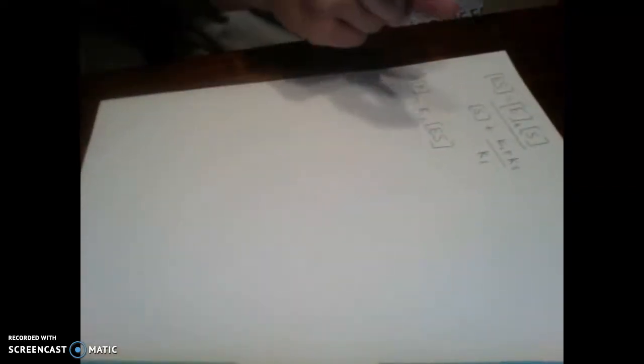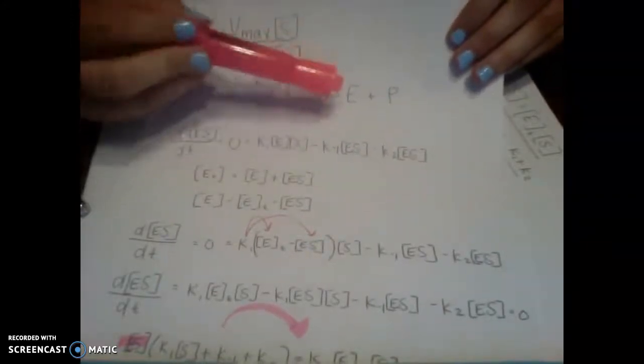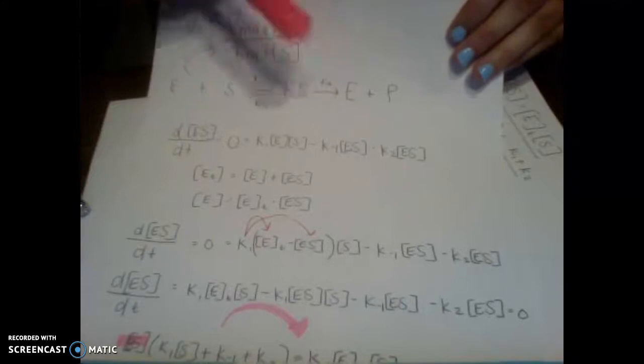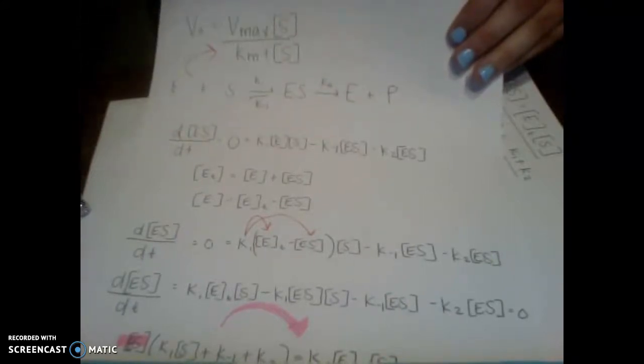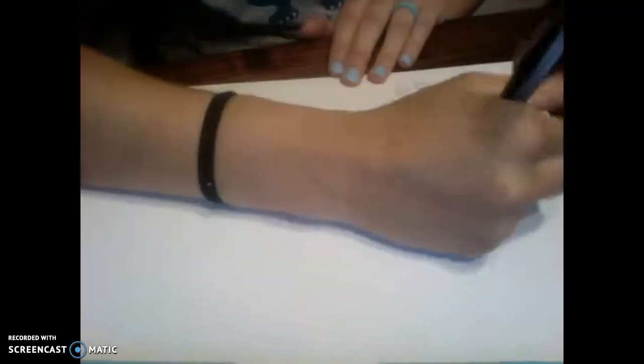So let's pull this back up. So we'll look back at this guy. So we know that the formation of our product was dependent on K2 and the concentration of the enzyme substrate complex. So that's great because we've already solved for the enzyme substrate complex. So let's plug it in.